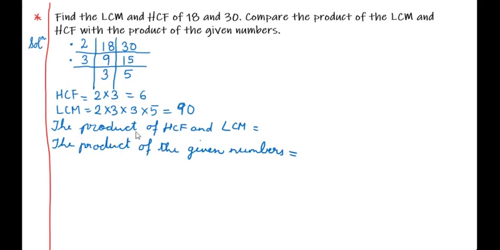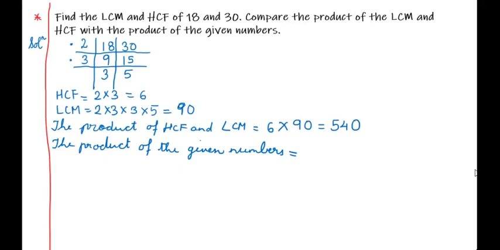The product of HCF and LCM. What is our HCF? Yes, our HCF is 6. Multiplied by LCM. What is our LCM? 90. So 6 nines are 54 and 0, that is 540.